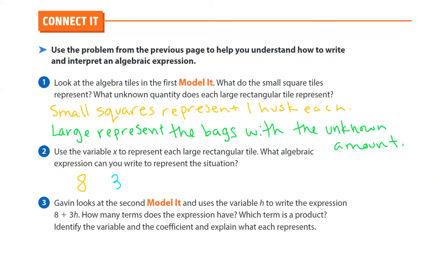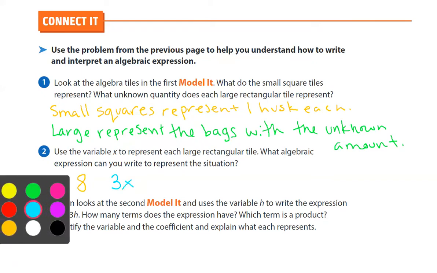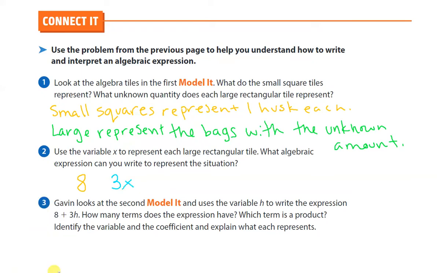We have 3 bags. And how many husks per bag? We don't know. So we're going to use x. X means I don't know. And then to find how many altogether, you know, altogether. That one you've learned since 1st grade. Altogether means add. So 8 plus 3 bags, 3x.